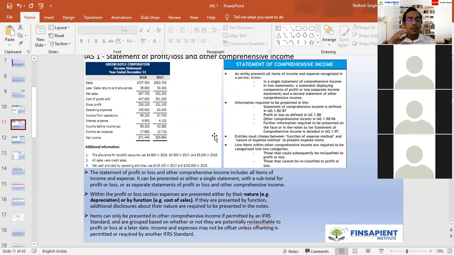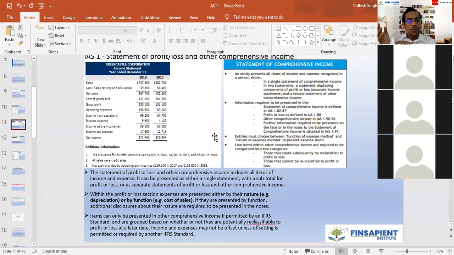At the same time, there is some depreciation. So if you really look at the nature of the expenses, which is supply, work in progress amount, or how much is spent on, say, depreciation, this is called nature of the expenses.